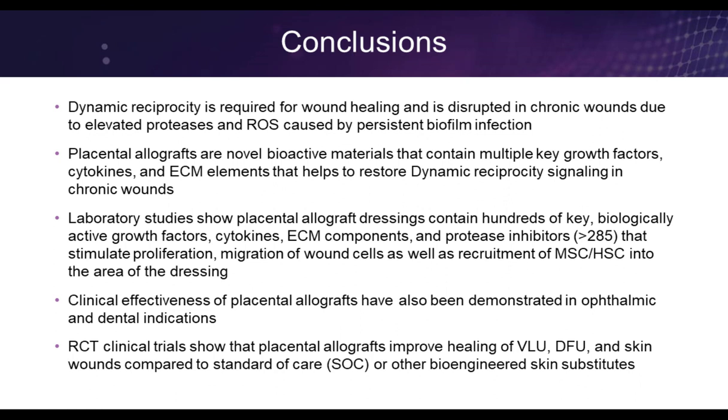So I think, because of the presence of protease inhibitors, they allow the amnion-chorion membrane to actually be applicable in that early transition stage between a chronically inflamed wound and a wound bed that is under appropriate inflammation control.